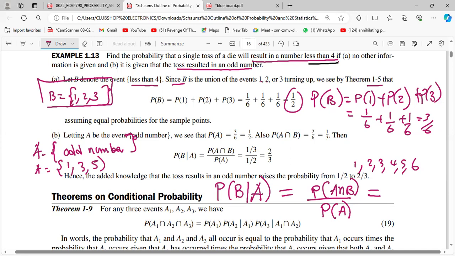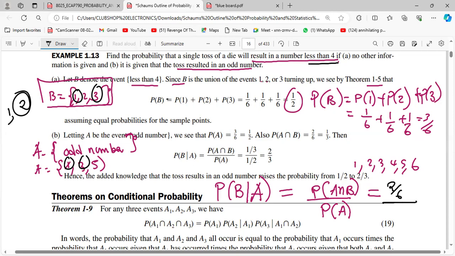So we have 1 and 1, then 3 and 3. So we have 2 numbers that are common, 2 of them that are odd and less than 4. We have 2 divided by 6.